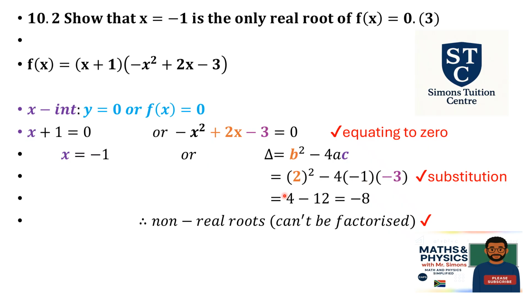Positive 4 times negative 3 gives me negative 12. 2 squared gives me 4. So 4 minus 12 gives me negative 8. The fact that the discriminant is negative 8 means I have non-real roots, so it can't be factorized. So 1 mark for equating to 0, 1 for correct substitution into the discriminant, and 1 for noting that it's non-real roots.